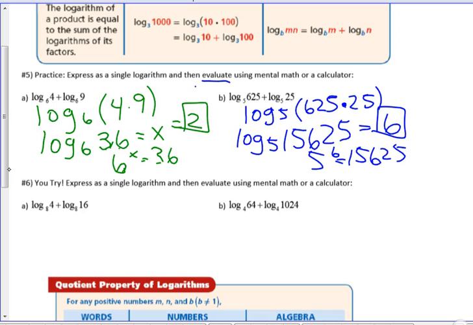Express as a single logarithm, and then also evaluate, either using mental math or you can use your calculator. Once you get an answer, compare it with your neighbor.